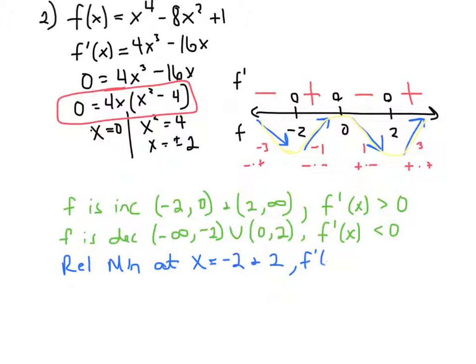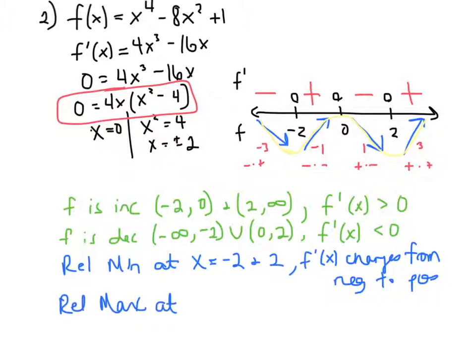Because f prime of x changes from negative to positive. Then we're also going to have a relative max at x equals 0 because f prime of x changes from positive to negative.